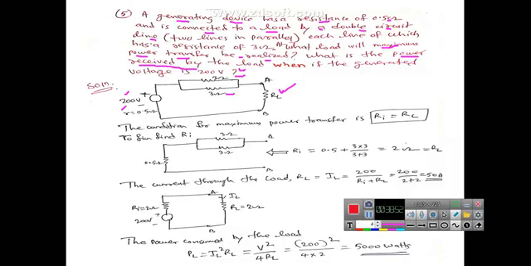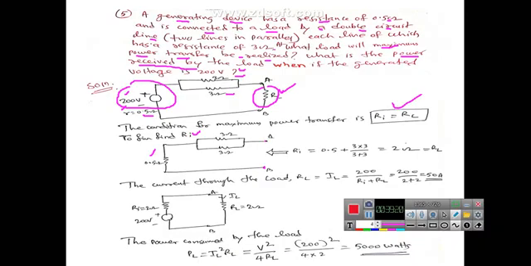So what is the condition for maximum power transfer? The condition is Ri is equal to RL. To find Ri, you have to remove the load resistor and replace the voltage source by its internal resistance, 0.5. The load resistor is removed, so that is open circuited.